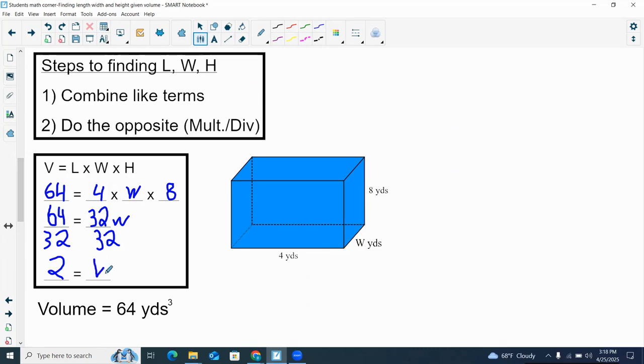And 2 equals W. So if I were to put that in for W, I would take 4 times 2 times 8, and I would get 64, which is what I got.